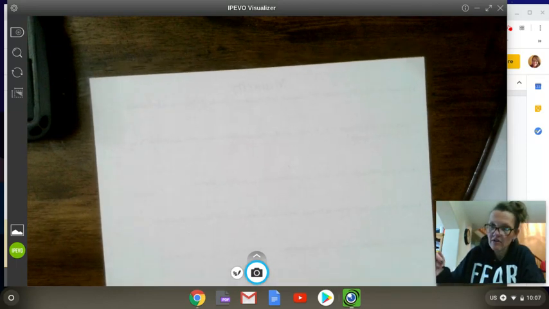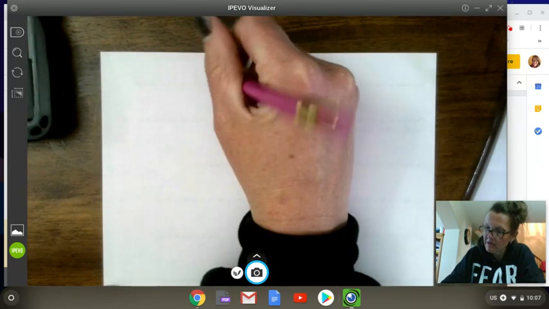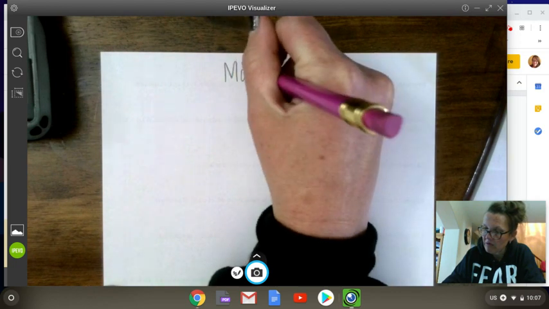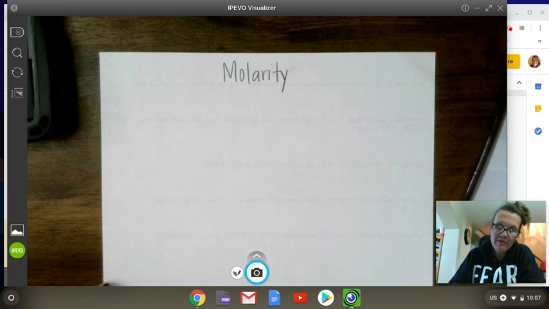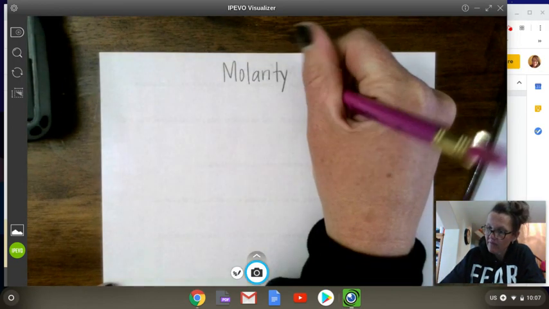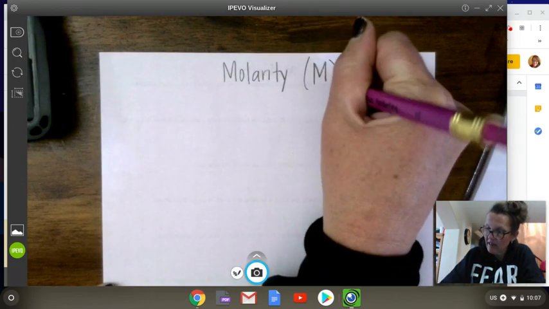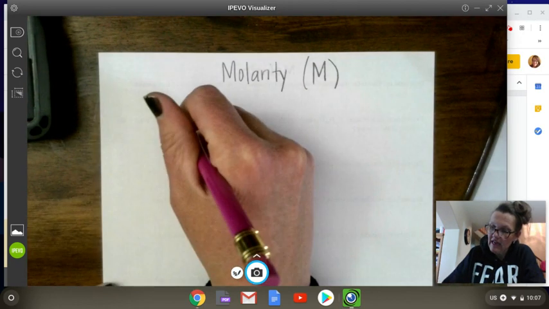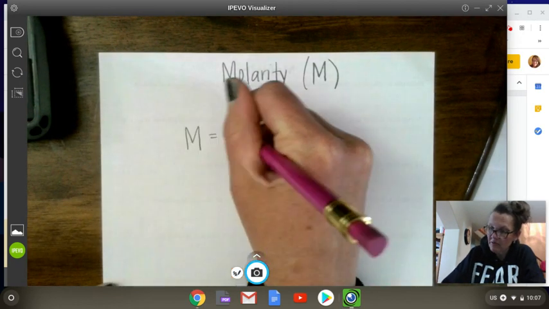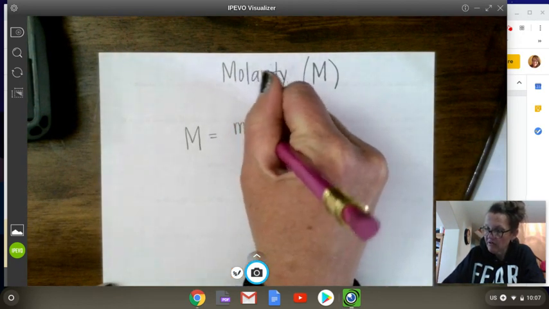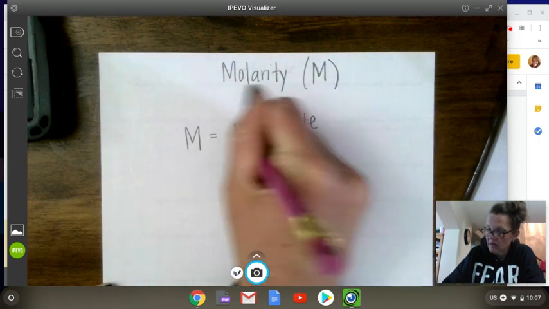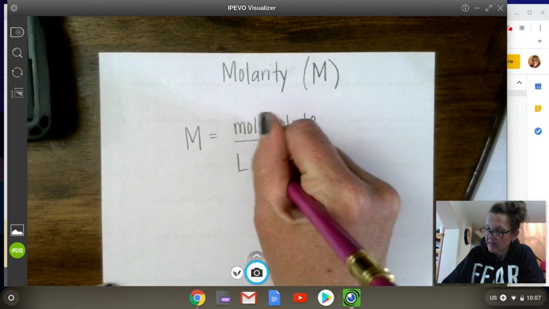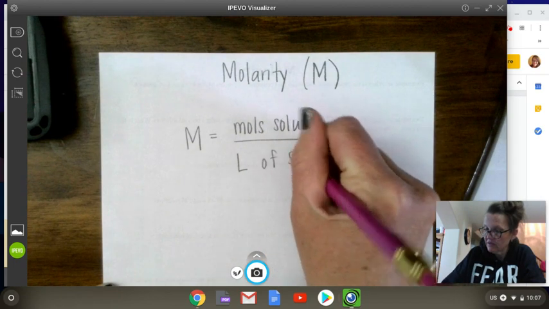I'm just going to write up here at the top of this paper, molarity. Anybody remember what we represent molarity with? It's a capital M. And so molarity is equal to the moles of the solute divided by the liters of solution.